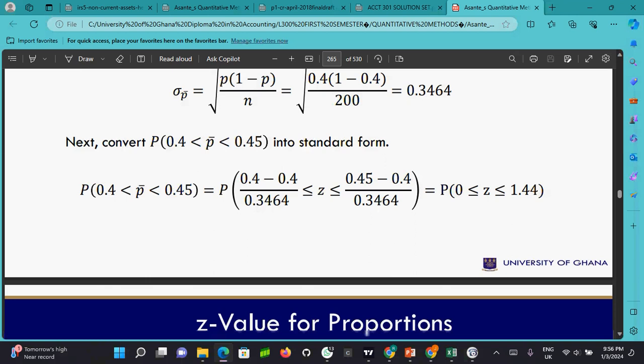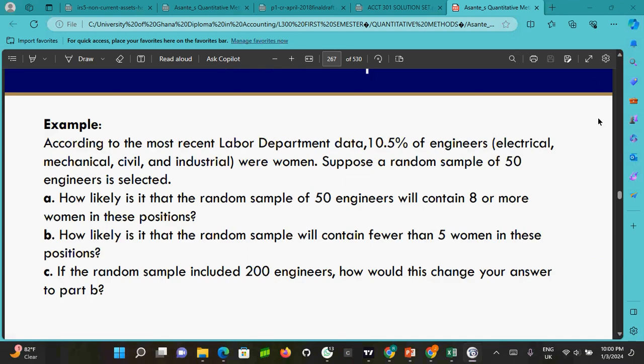So we are back again. According to the question, how likely is it that the random sample of 50 will contain 8 or more women in these positions? How likely is it that the random sample will contain fewer than 5 women in this position?